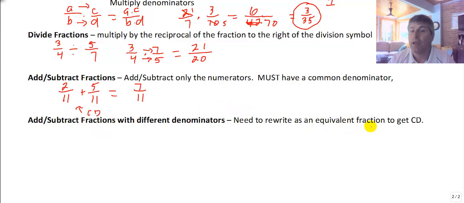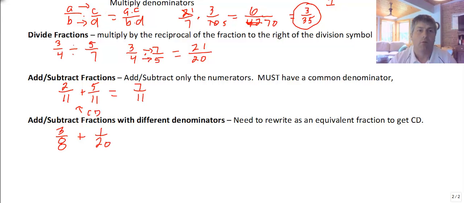Adding and subtracting fractions with different denominators, well, we need to write one of the fractions or both as an equivalent fraction to have a common denominator. So for example, if I tried to take 3/8 and add it to 1/20, now this one, we don't have a common denominator here. And our common denominator you might see is 40. 8 times 5 is 40, 20 times 2 is 40.